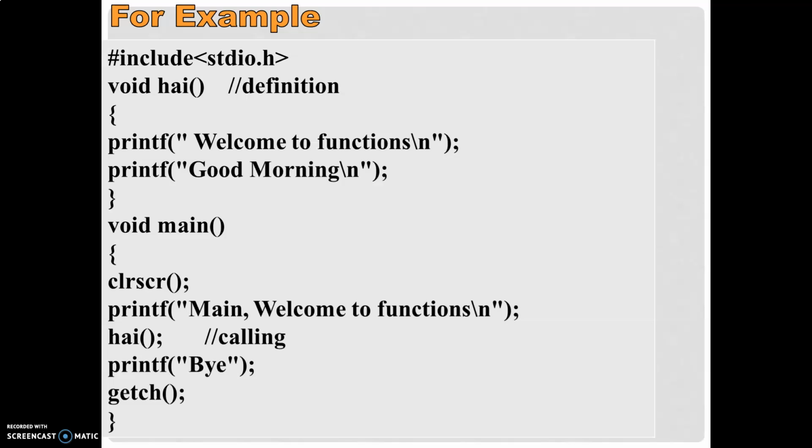Just write the thing. So here void high is the name of the called function. Inside it we are printing two things, welcome to the function and good morning, closing it. Inside the main function body we are again writing the same thing, but we are writing one thing is high, first bracket, first bracket close, then comma. That means this high function will be called by whom?